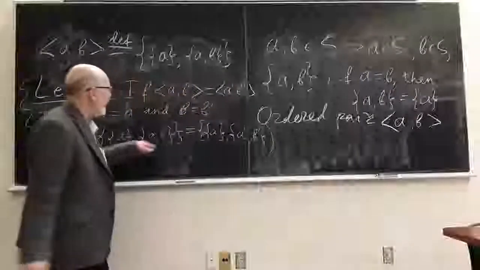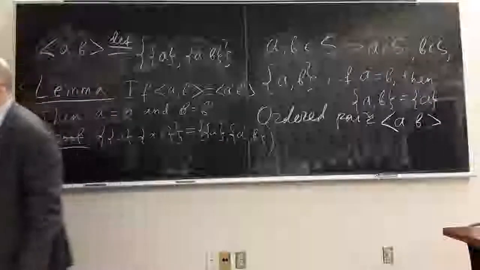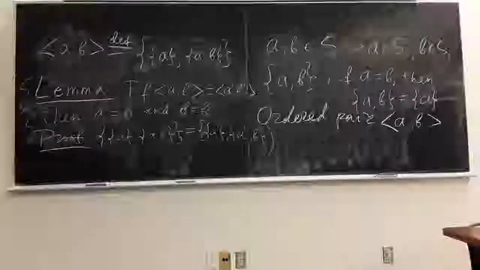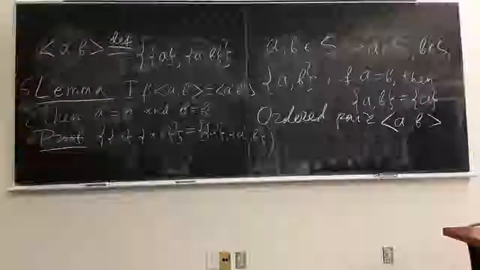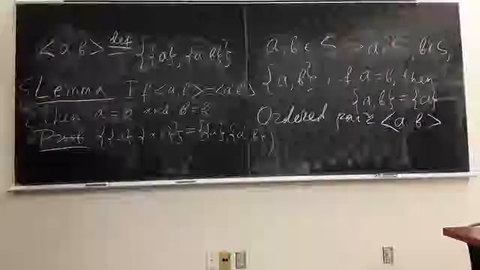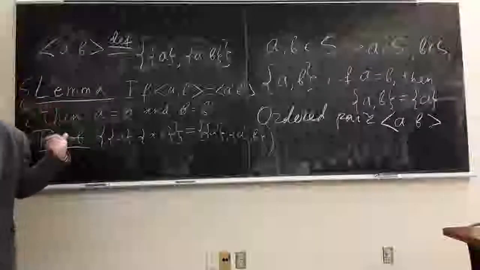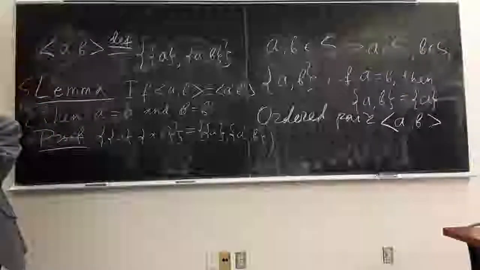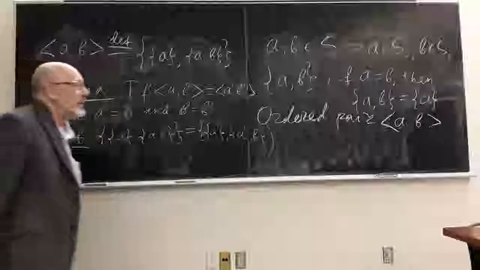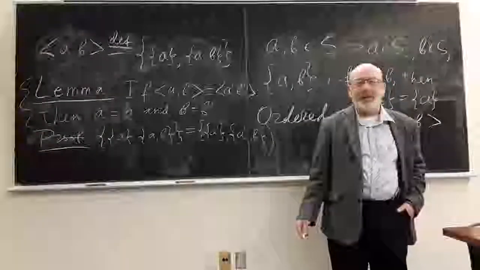So we have two sets and they are equal. Now, when are two sets equal? There is another axiom that two sets are equal to one another if they have the same elements, if every element of one set is an element of the other and conversely. So a set is defined by its elements.